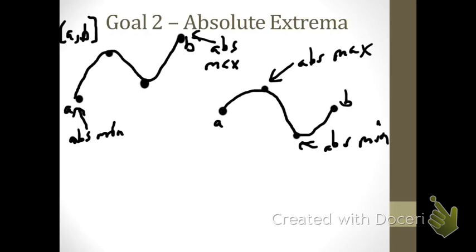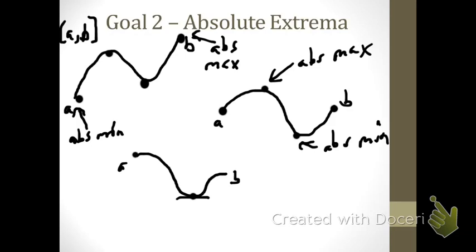The major point here, let me go ahead and draw that. You see the absolute maximum at the beginning, absolute minimum there at one of the critical values. When you're trying to find absolute extrema, you look at either the endpoints a and b, or you look at the critical values to find those maximum and minimum values.